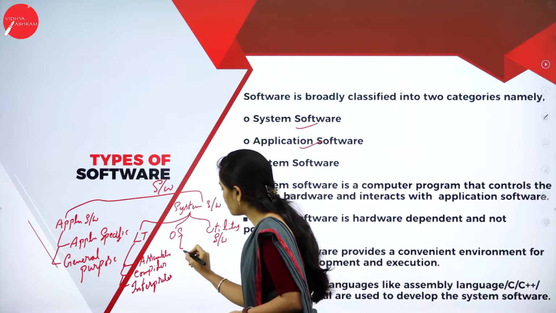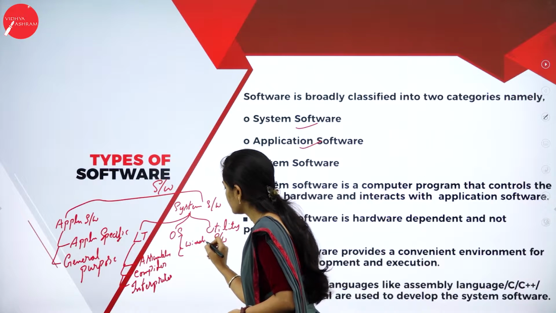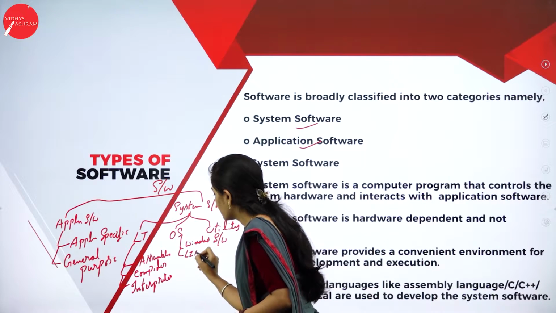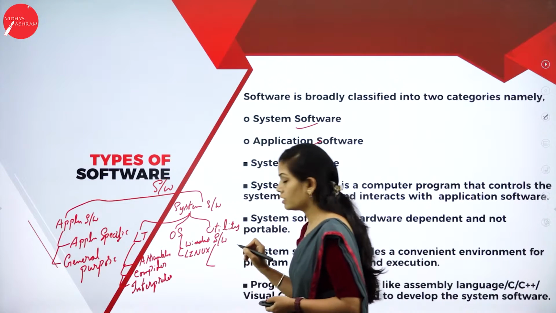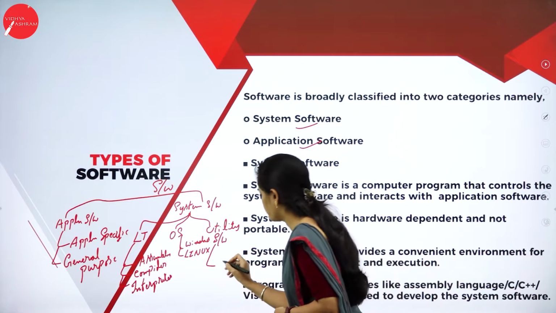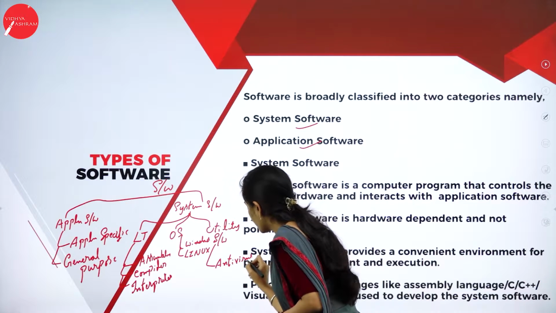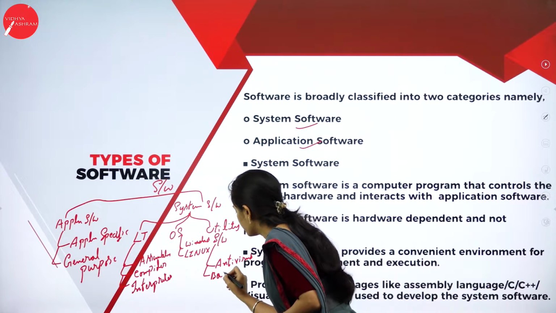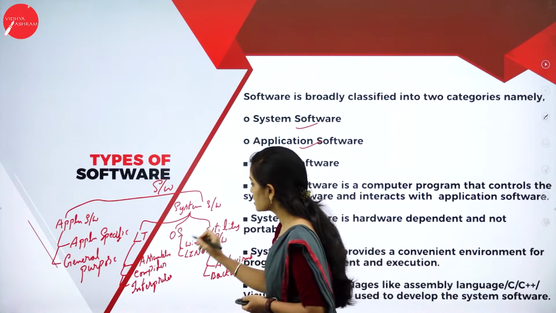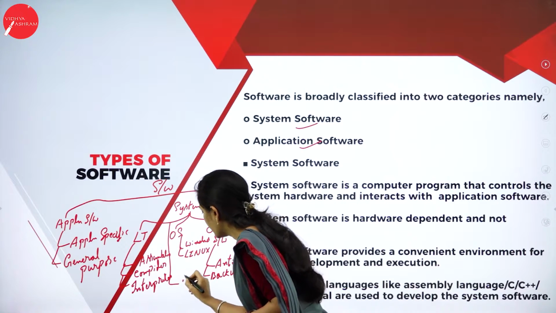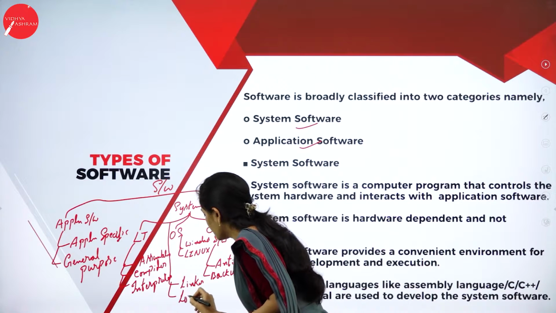And operating system consists of Windows, Linux, Unix, etc. And utility softwares are antivirus and backup software. And system software also consists of loader and linker.